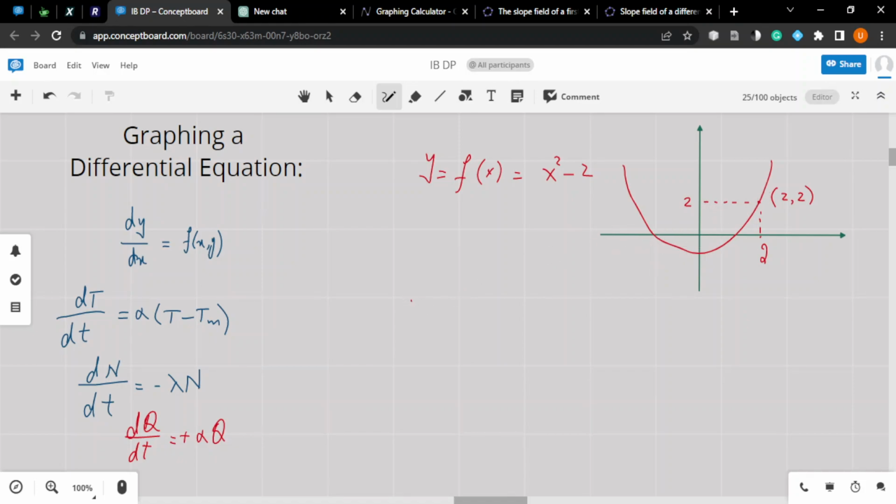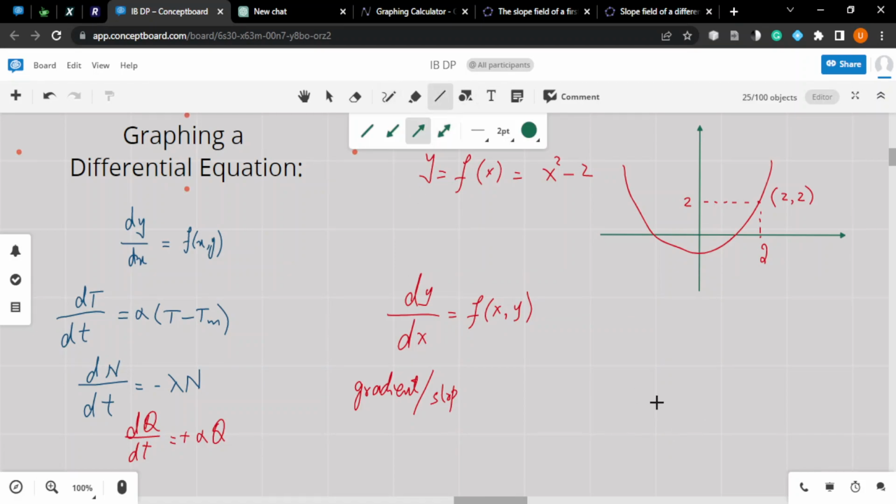Now when we describe a differential equation, dy over dx equals some function of x or y, or a combination of x and y. So dy over dx tells us the rate of change of one quantity with respect to the other quantity, or generally we can say that this is the gradient or slope at a specific point.